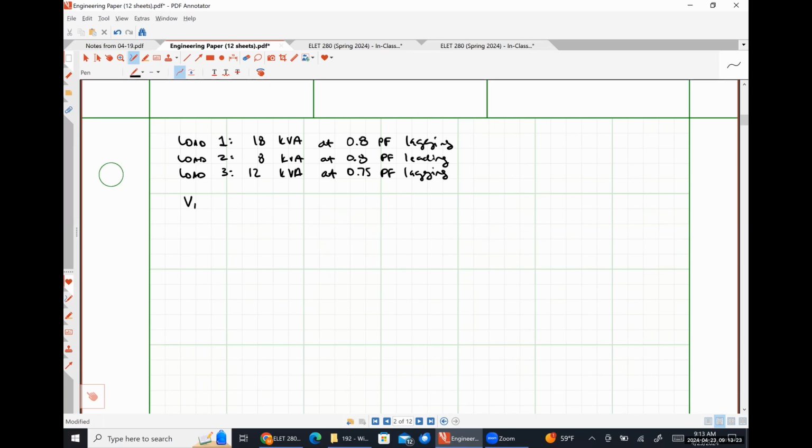It doesn't explicitly say this, so I'm going to force this to be: our line voltage at the load is 208 volts RMS at 60 hertz, and we are asked to find the power factor of the source.